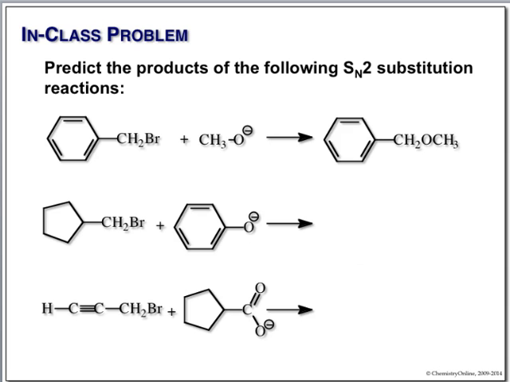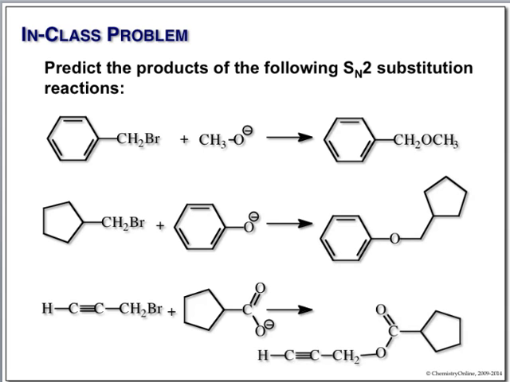This is our nucleophile. Again, bromine is the leaving group. There's our ether. And finally, the carboxylate anion is our nucleophile. The oxygen attacks, bromine leaves, and that would be our product.